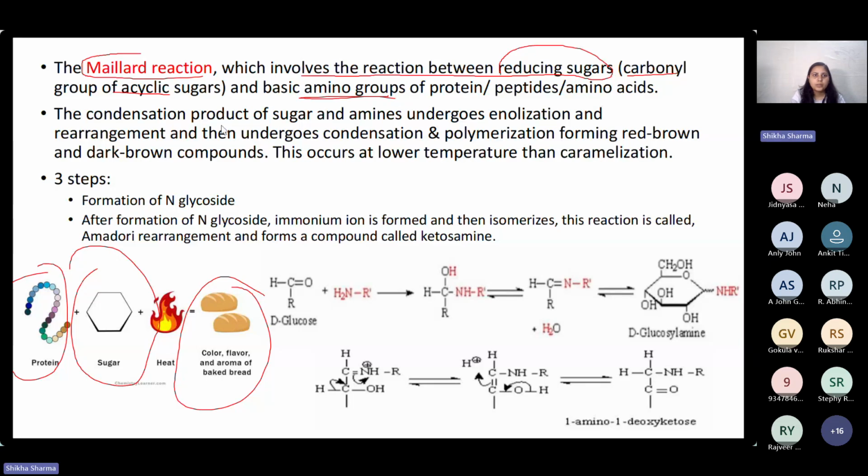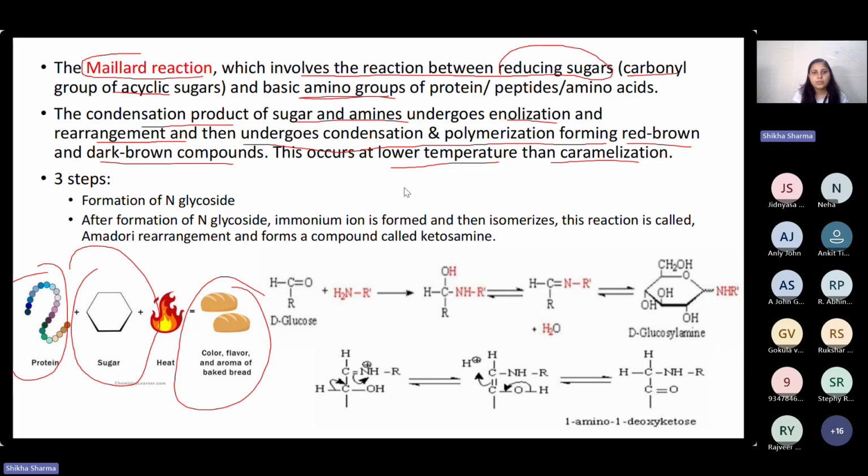So the condensation product of sugar and amino acid will undergo enolization and rearrangement, and then condensation, and the polymerization will form the red brown color or dark brown compounds. This occurs at a lower temperature than the caramelization temperature.